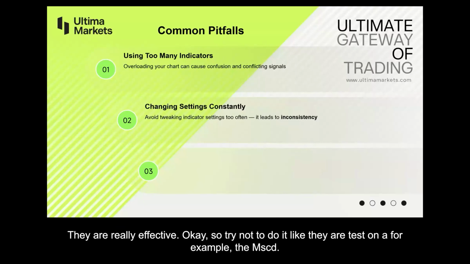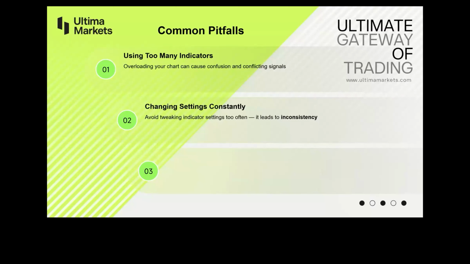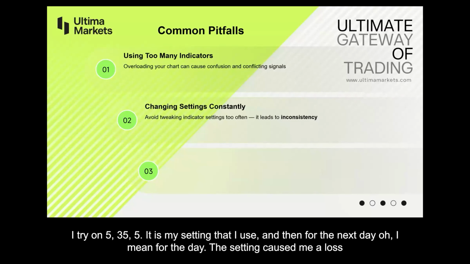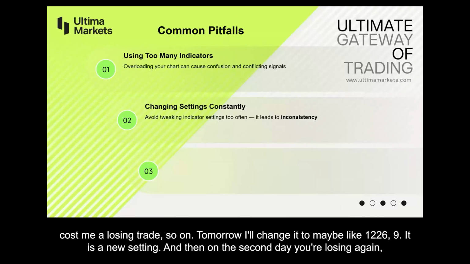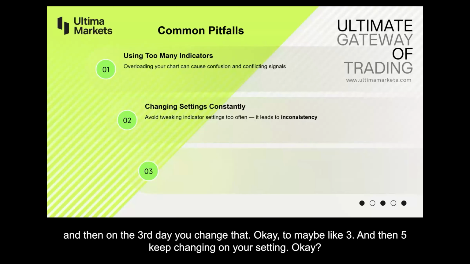So try not to do it like this: I test on, for example, the MACD, and I try 5, 3, 5. This is the setting that I use. And then today, the setting cost me a losing trade. So tomorrow I'll change it to maybe 12, 26, 9. This is a new setting. And then on the second day, you're losing again. And then on the third day, you change it again, and whatever, going on. You keep changing your setting.